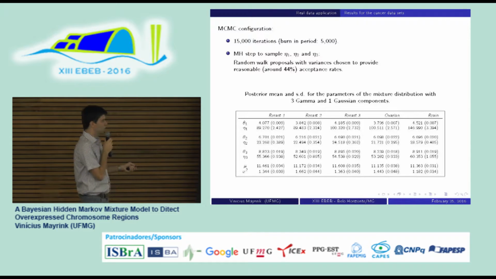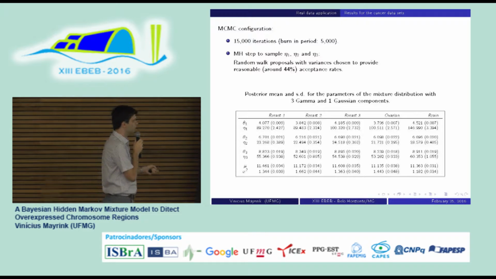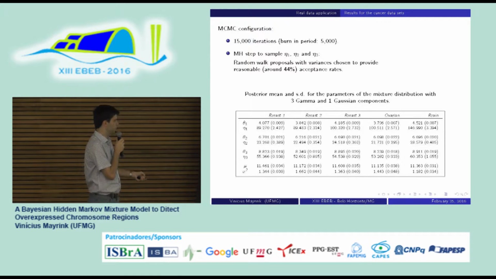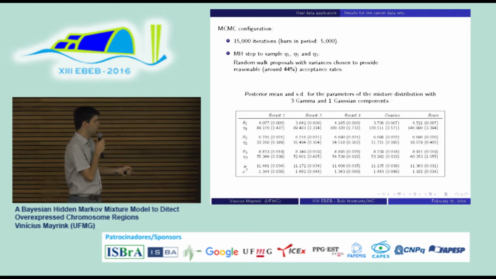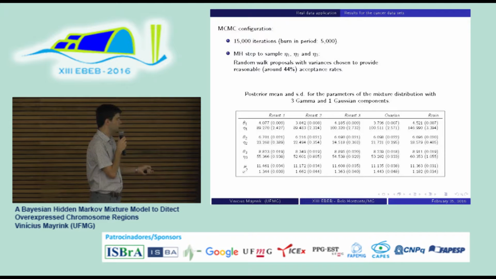These results are the posterior estimates and standard deviations in parentheses for the components in the mixture. So we have here the first gamma, second gamma, the third gamma, and the normal. You see the uncertainty is lower for the mean than for the scale parameter.